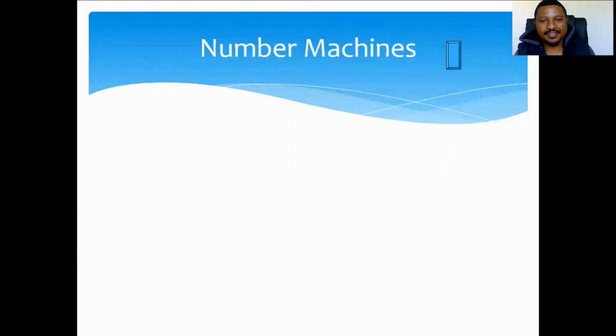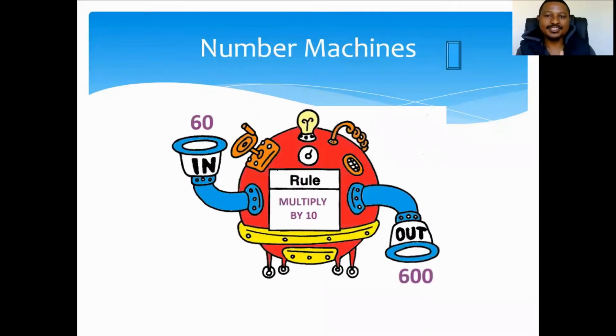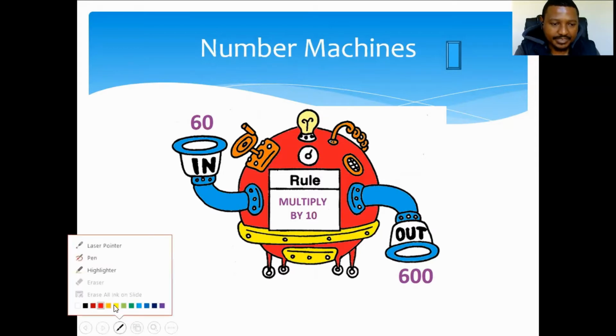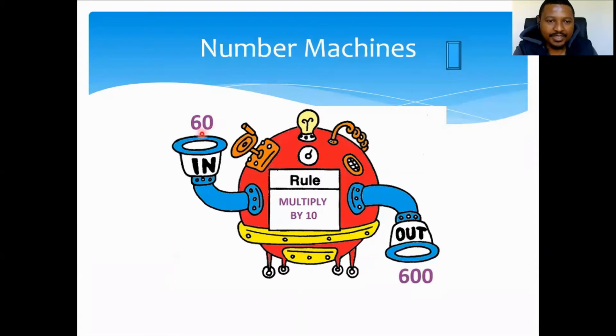To illustrate this further, as you can see on the screen, we have number machines. Some of you are already laughing that I'm taking you to grade 8 or primary school, but I just want to show you the similarity between what we are doing and what you learned in primary school. What you're seeing on the screen is what you did in primary. You have an input, something that is going into the machine, and then the machine does its own process, and what comes out is called an output.